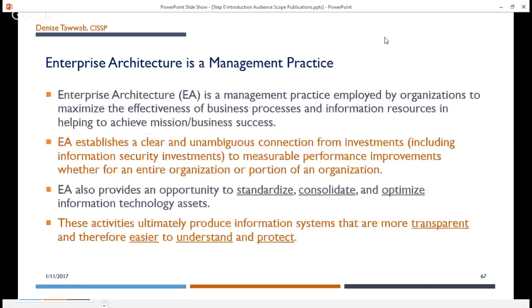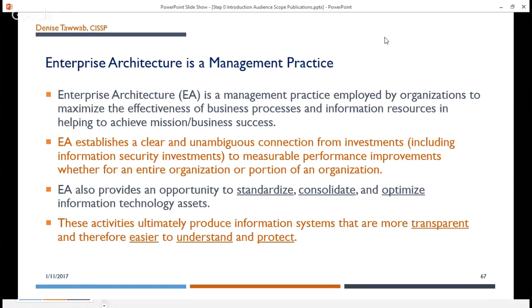So enterprise architecture is a management practice employed by organizations to maximize the effectiveness of business processes and information resources in helping to achieve business success. Enterprise architecture establishes a clear and unambiguous connection from money invested, including information security investments, to measurable performance improvements, whether for an entire organization or a portion of the organization.